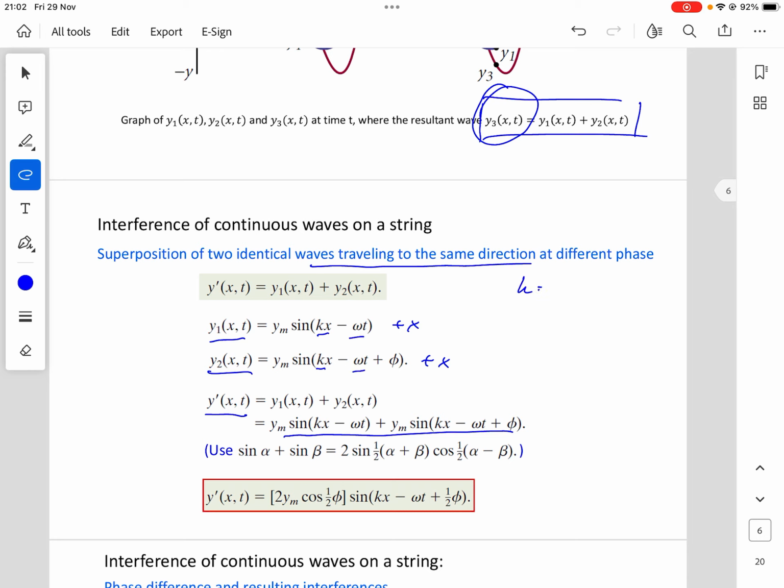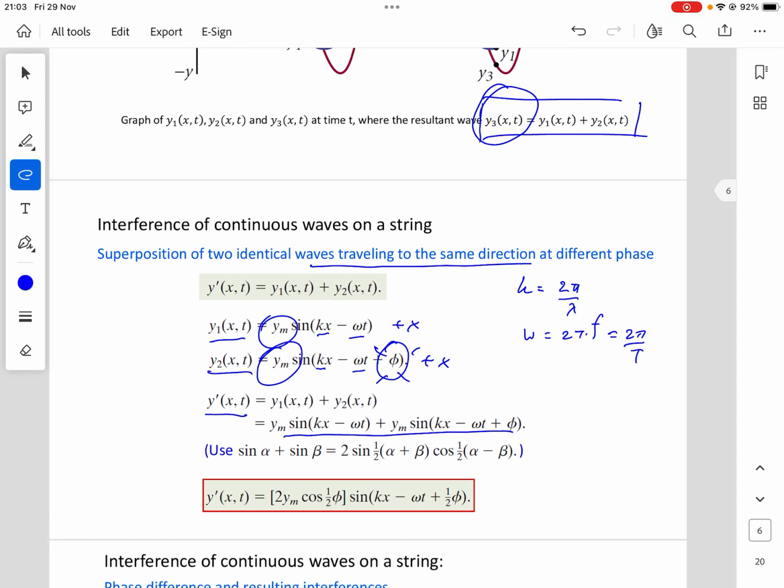You know, k is 2 pi divided by lambda, and omega is 2 pi f, or 2 pi divided by the period. I don't need to repeat that. The amplitudes of the two waves are also the same, and the only difference is the phase. One has a phase of 0 and the other has a phase of phi.